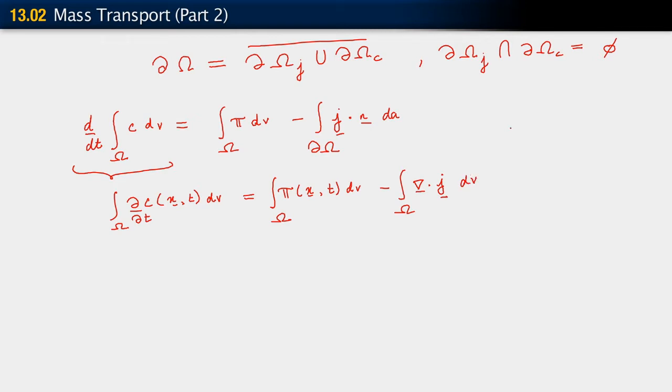And I'll mention here that what we've done is we've applied the Gauss divergence theorem to J, the flux vector, which is a vector, of course. We've just reminded ourselves that that's a vector.